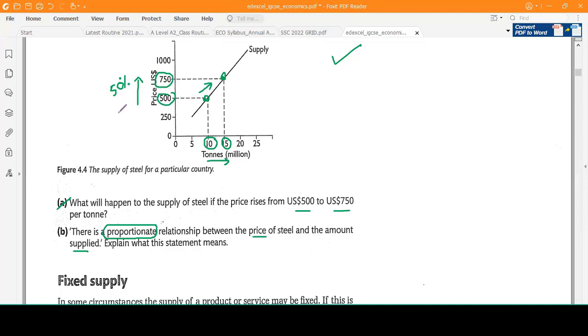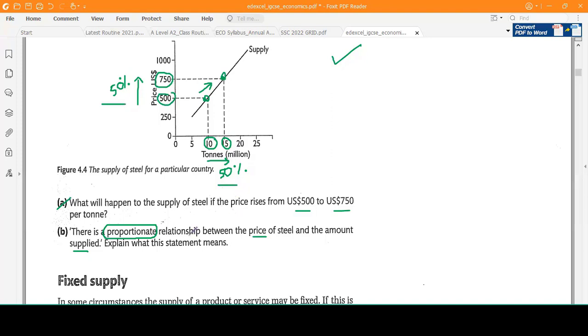So there is a 50% increase in price. Because of that, supply has increased from 10 million tons to 15 million tons. So 10 to 15 million is also a 50% increase. So price is increasing by 50%, supply is also increasing by 50%. This is called a proportionate change.